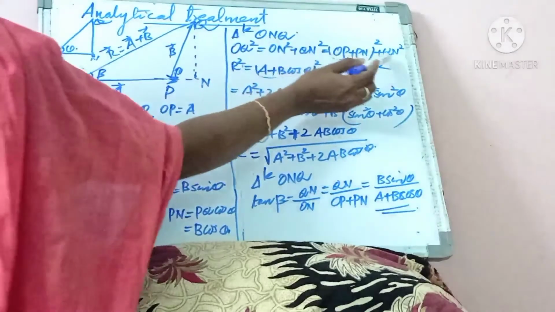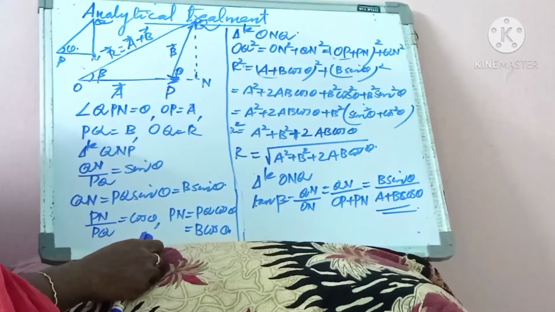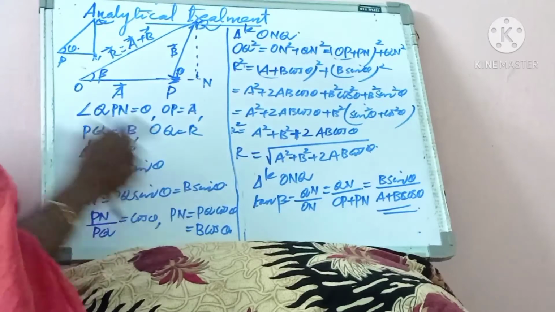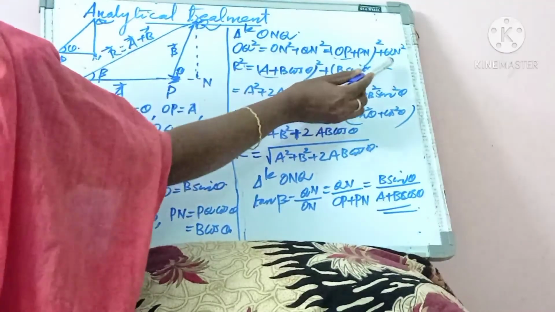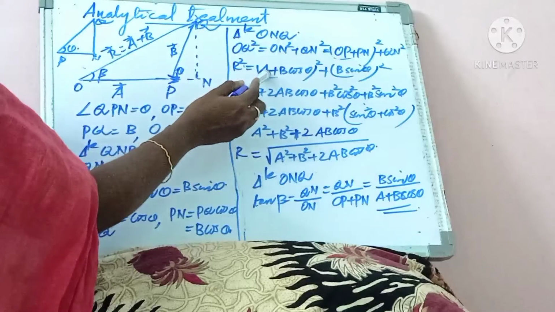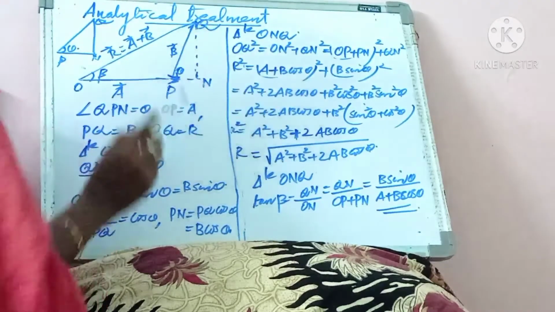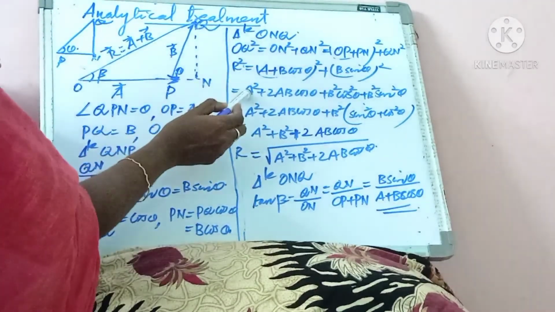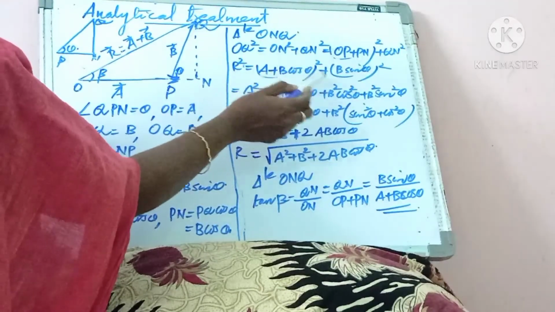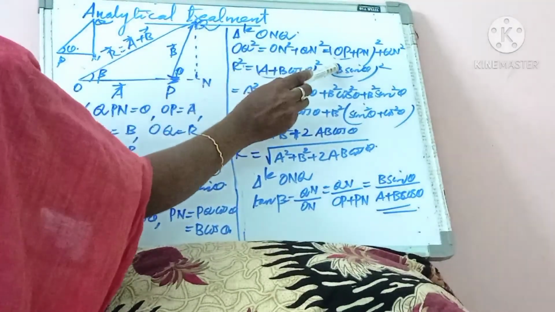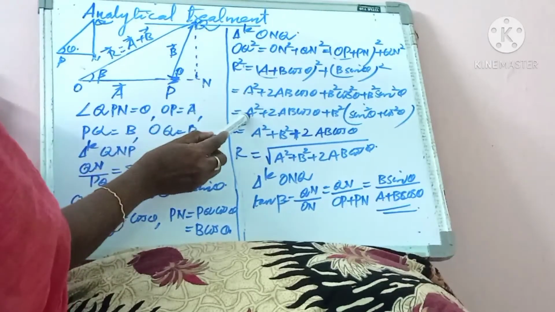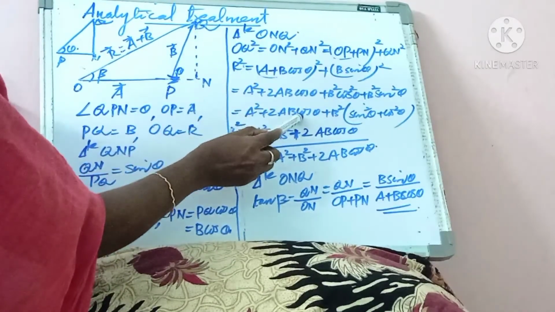Plus QN, which we already found out, is B sin theta, so B sin theta the whole square. Expanding, we get A square plus 2AB cos theta plus B square cos square theta plus B square sin square theta.